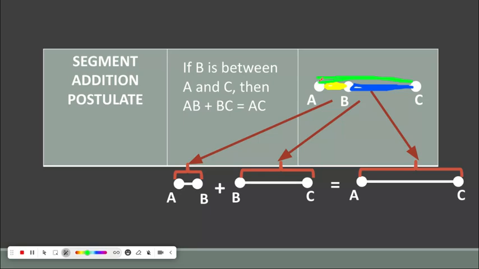So AB, which is yellow, plus BC, which is blue, will give me a total length from A to C, which is green. We can use that to solve for different lengths or variables: given AB is equal to something, BC is equal to something, add them up, set equal to AC.